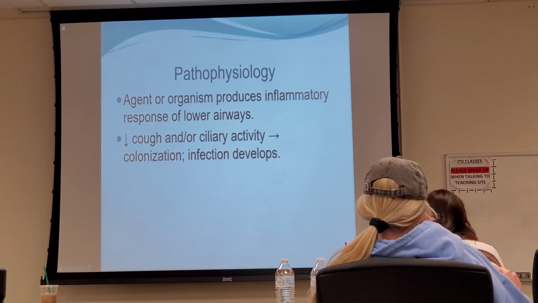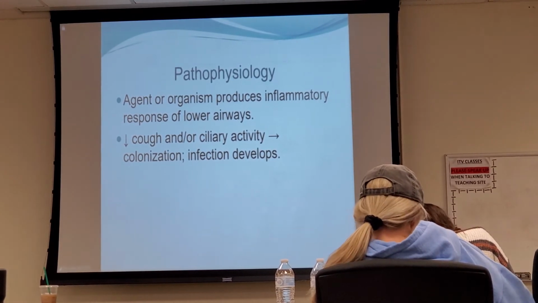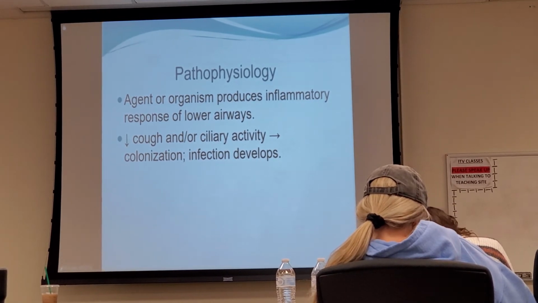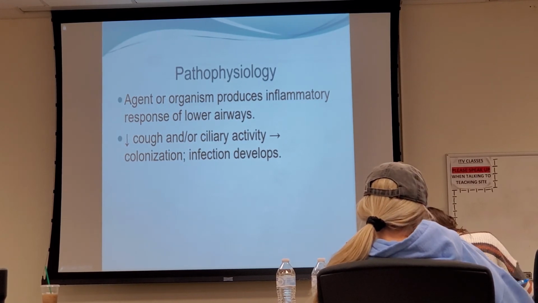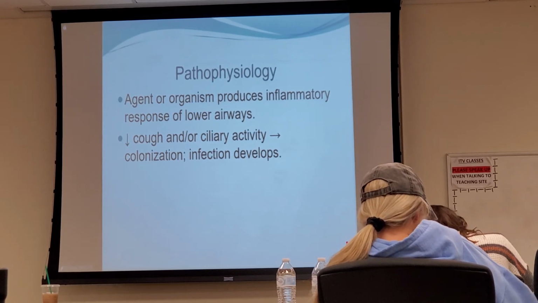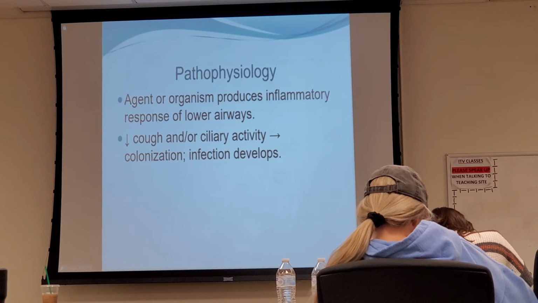Typically, that person who is at greatest risk may have a compromised cough or ciliary response, so a smoker would be an example of that. A person with COPD would be an example of that. That leads to that organism being able to take hold and begin to multiply. We call that colonization. And then an infection develops locally in those alveoli.